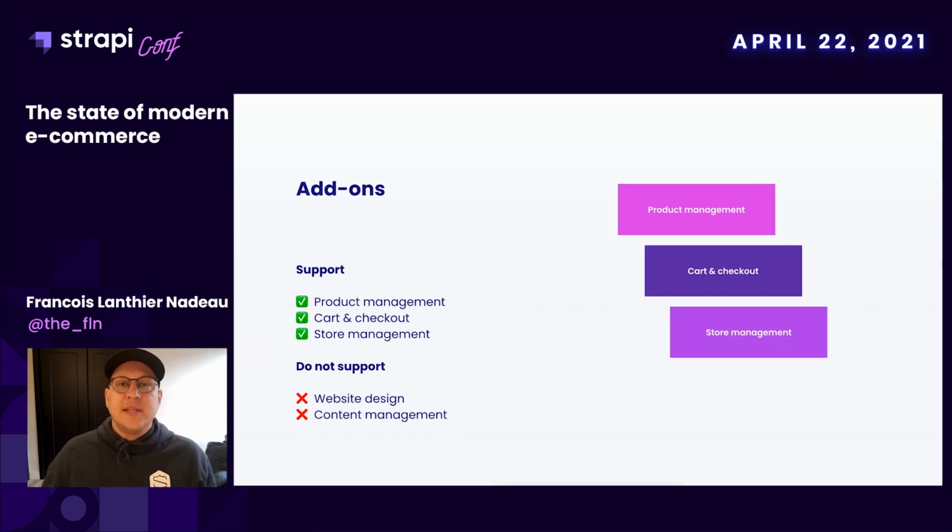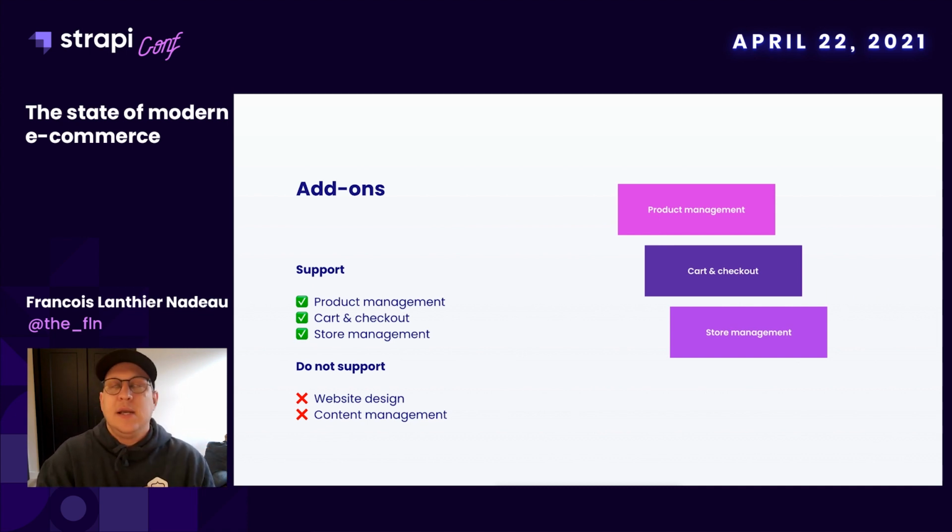Okay, the add-ons category now. What functionality do they focus on? Well, more often than not, they will take care of product management, of cart and checkout, and store management. So the actual design of the website and the management of its content will be done by other tools.